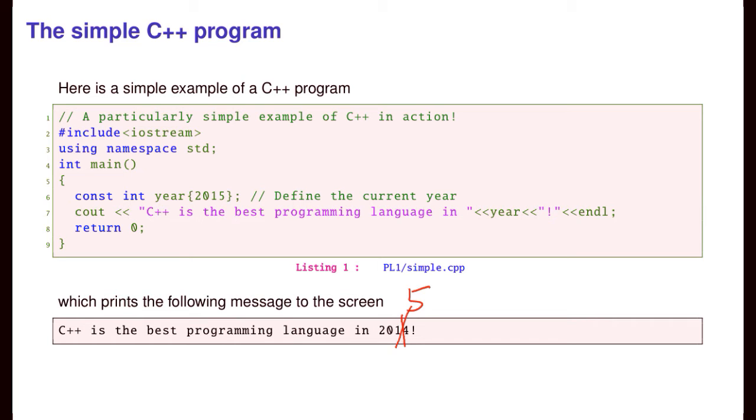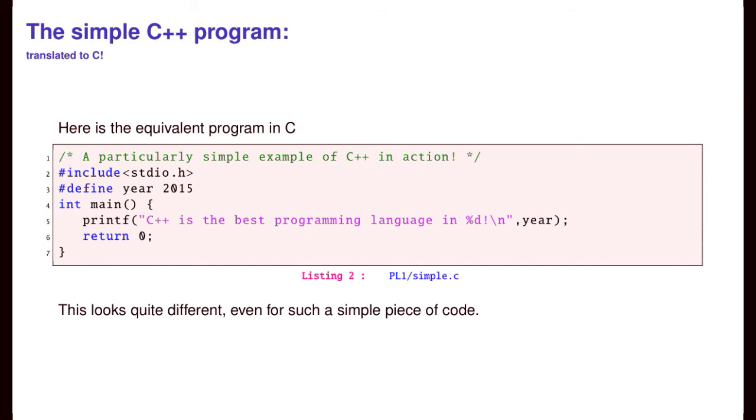So we'll go through what all of these statements mean in this code, and clearly there are quite a few statements in here that all require a little bit more explanation, and that we'll go through in a bit of detail. But first, let me show you what the same code would look like in C. And it looks rather different.